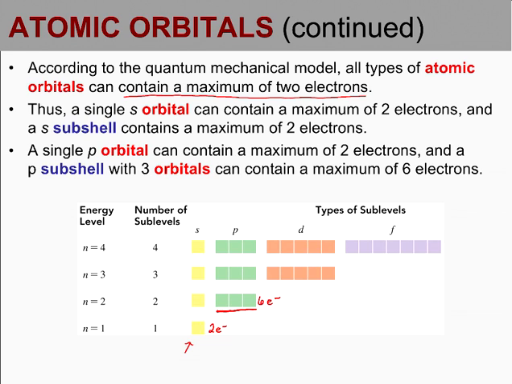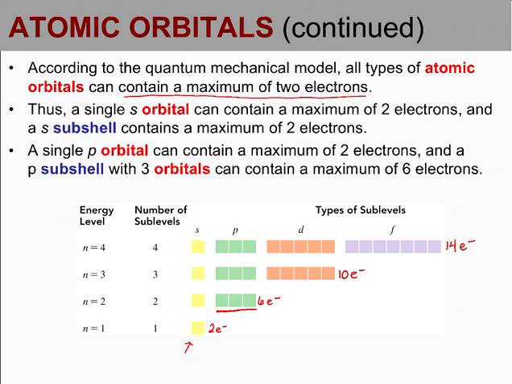So that means that a d subshell can hold a maximum of 10 electrons. And then in an f subshell, we have 7 atomic orbitals, and each one can hold 2 electrons. So then we can have a maximum of 14 electrons in an f subshell.